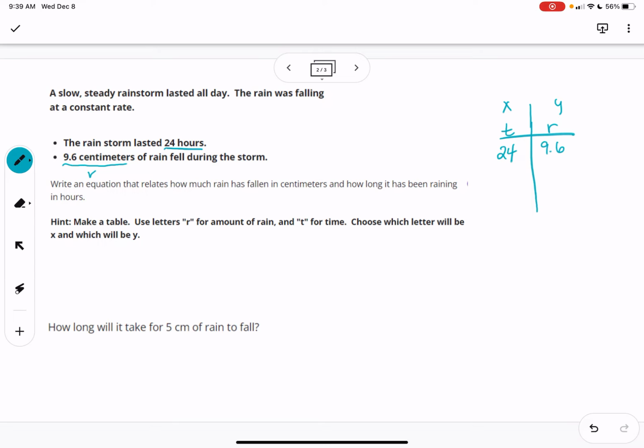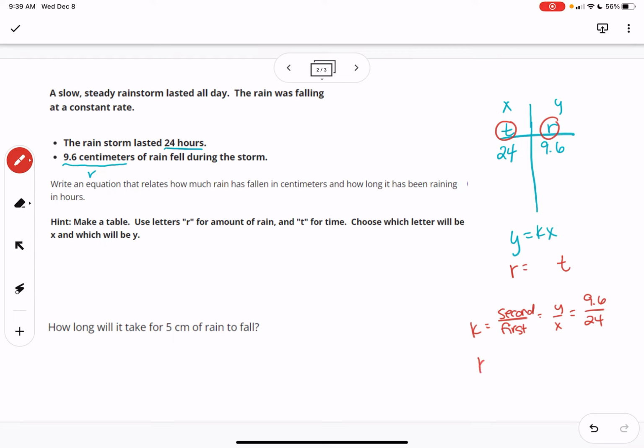Okay, so I can now use that. Remember, our base equation is Y equals KX, okay? But instead of Y, I used R. So R equals K, and instead of X, I used T. Now to find K, remember K is second divided by first, or Y divided by X. So in this case, it would be 9.6 divided by 24.